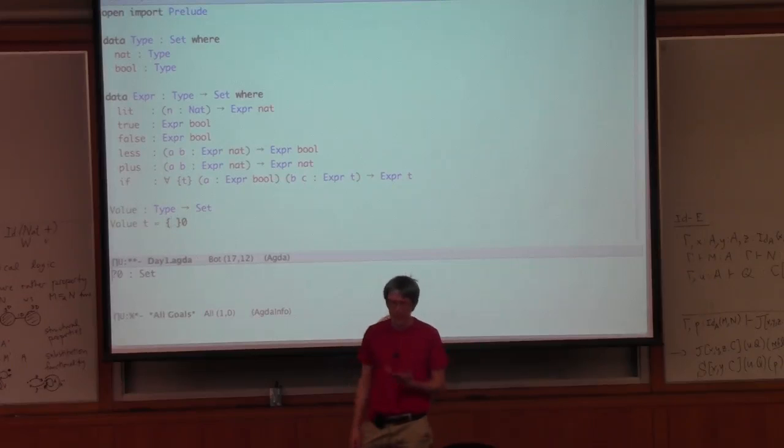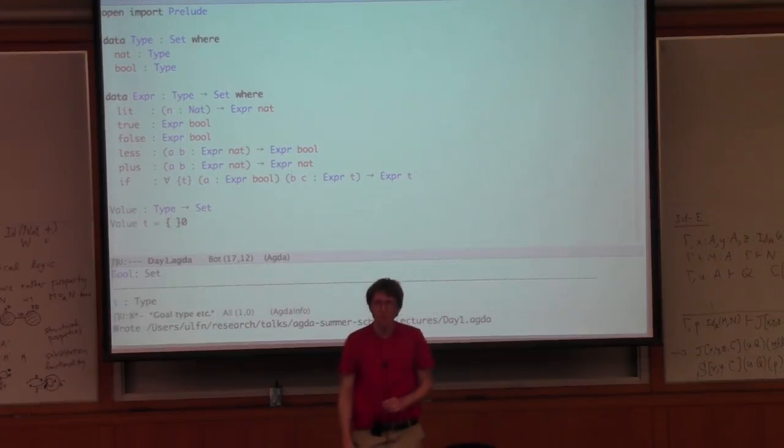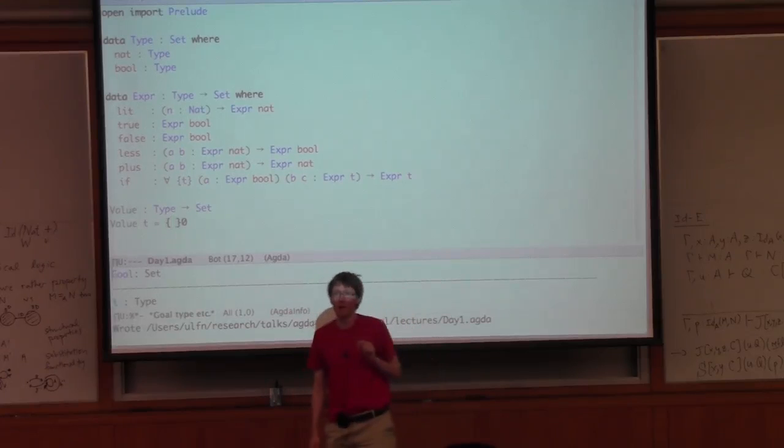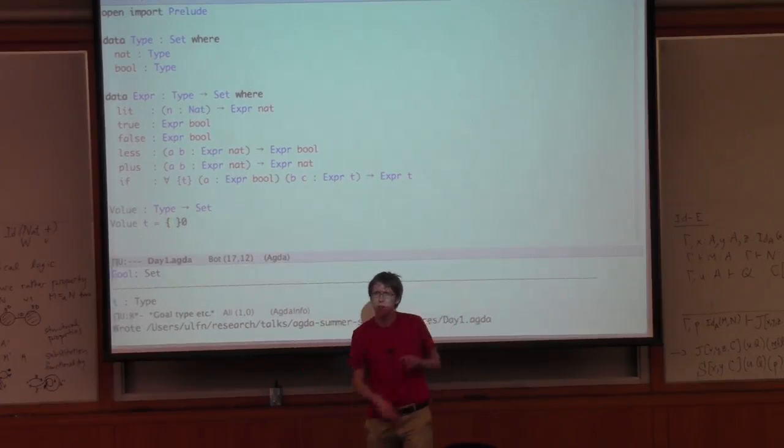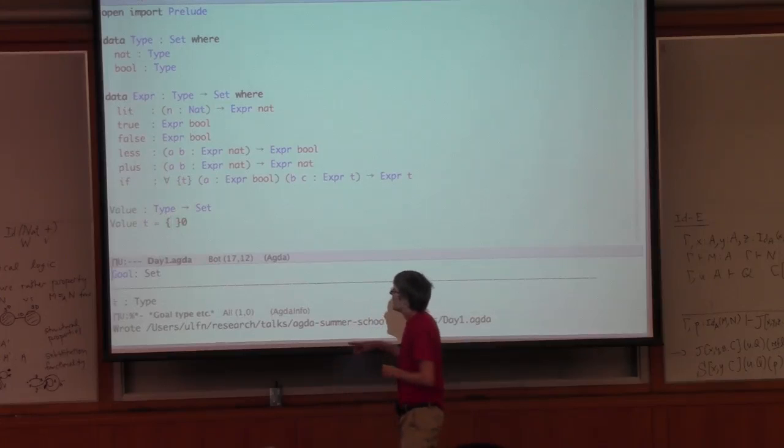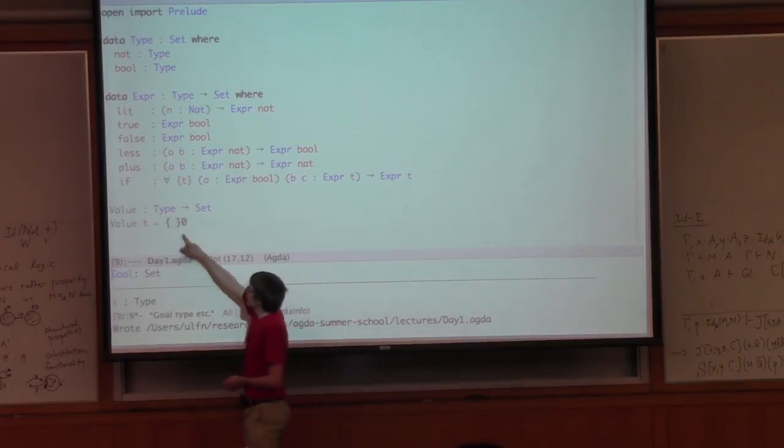You can ask, for instance, what is the thing I have to prove, and what do I have to do it? That's Control-C, Control-Comma. These are all listed in the cheat sheet, so you should browse through that.